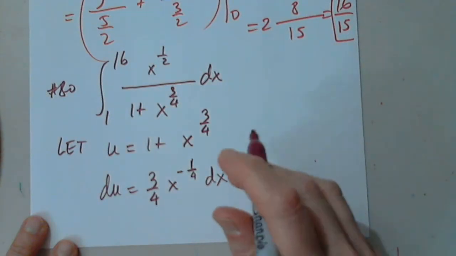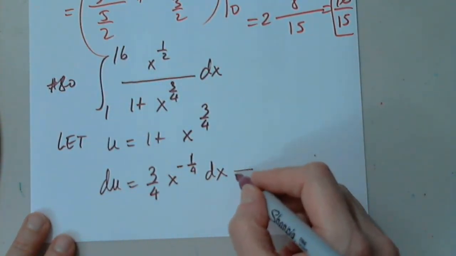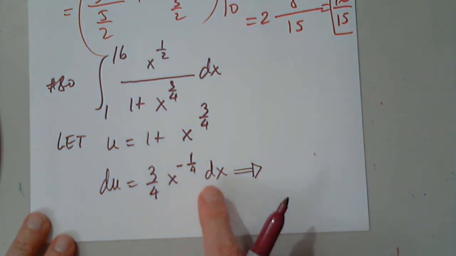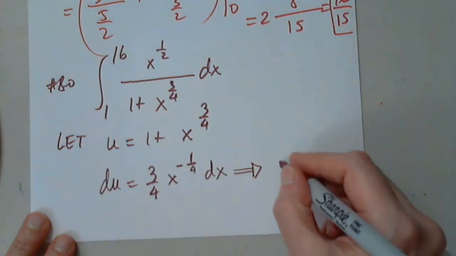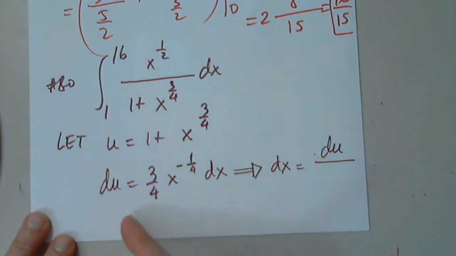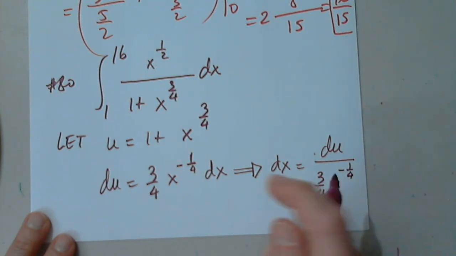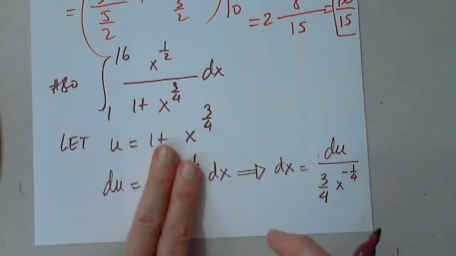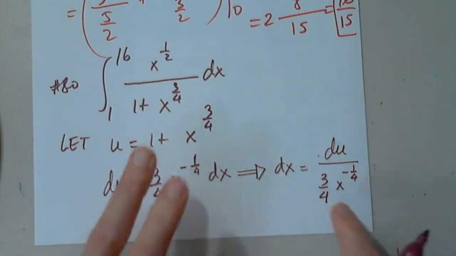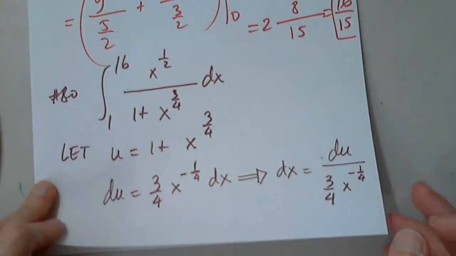So let's see what happens now, and this is a way of showing you the other possibility, what if I solve this equation for dx? Then I have du over 3/4 x to the negative 1/4. I have to divide by this. dx is this over this. Okay, fine.